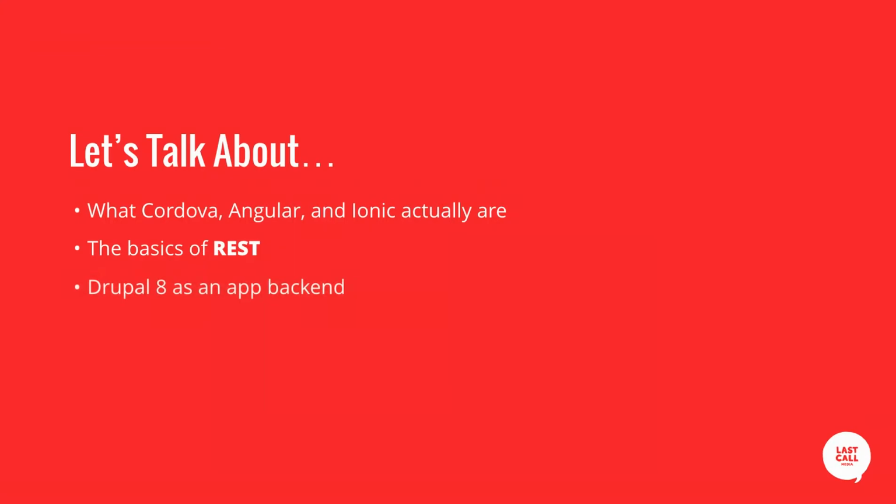And yeah, like I said, Drupal 8 is going to be the app backend for this, and I'm going to show you how to set up Drupal 8 out of the box with RESTful APIs. And we're also going to be diving right into the code and taking a look at what it takes to actually code the app.